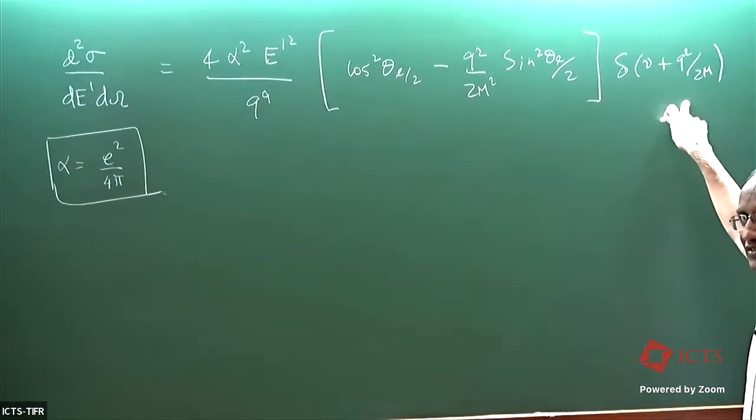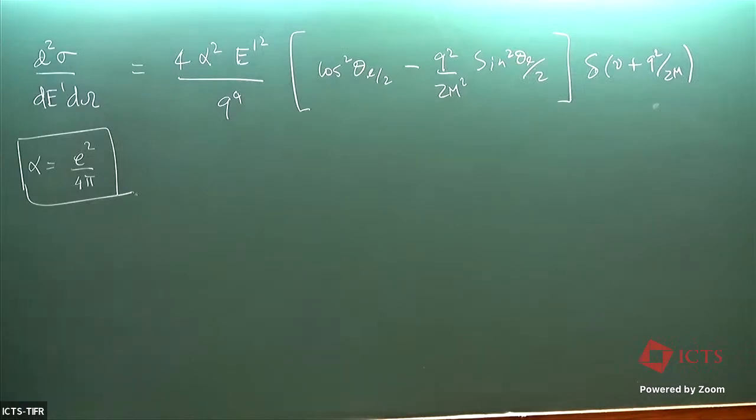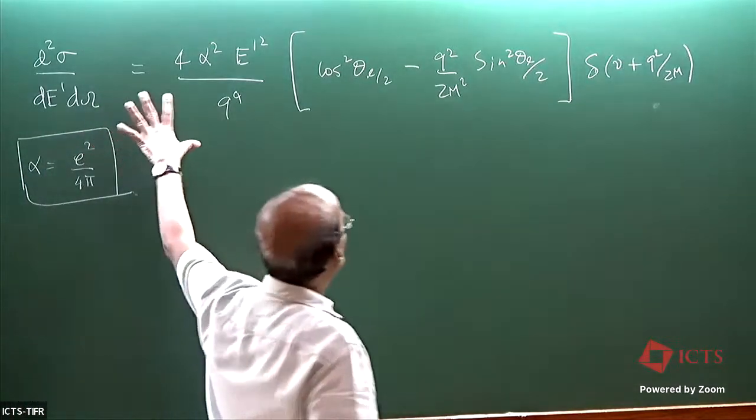Either I can have this delta function as a function of nu and q square by 2m, or I can equivalently have this delta function, where I can still perform this integral over E prime, the electron energy. Whichever I like, it doesn't matter because I'm interested in the angular distribution.